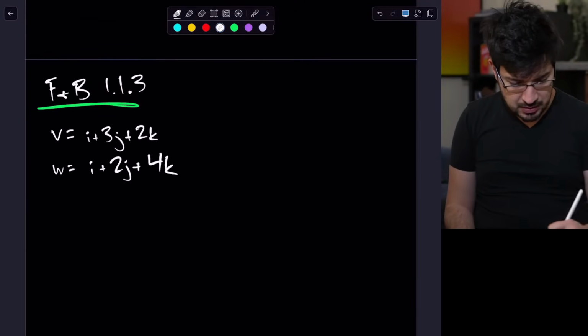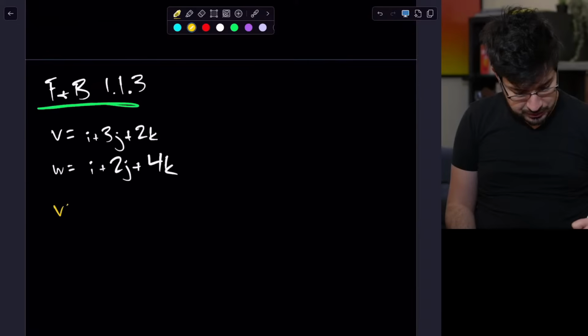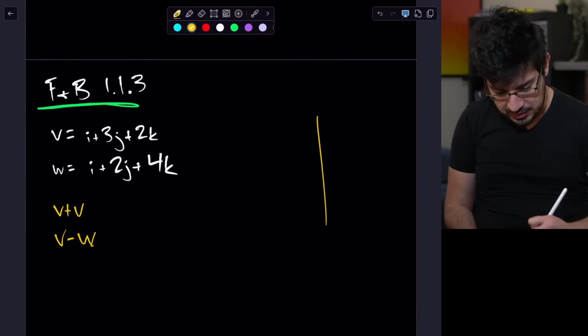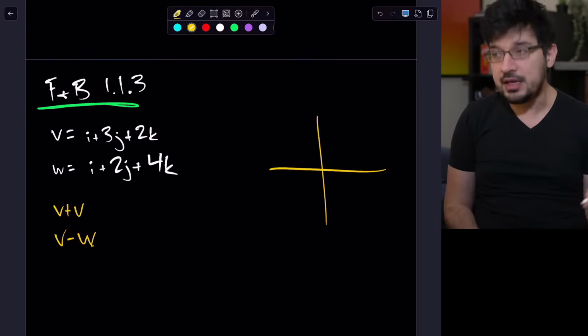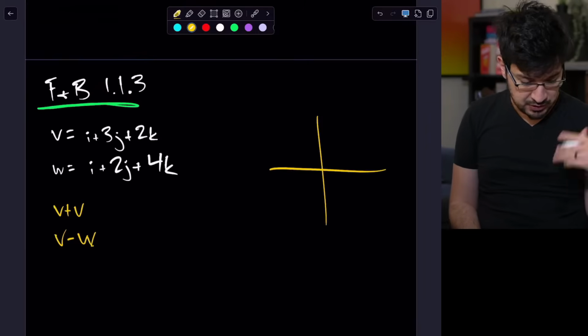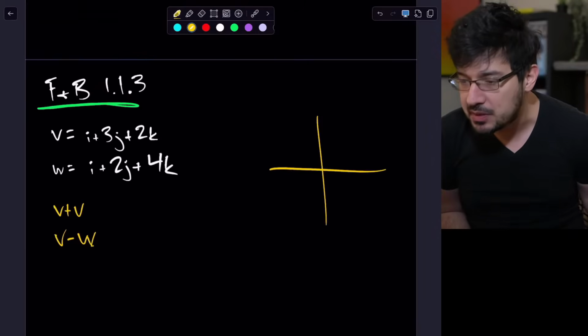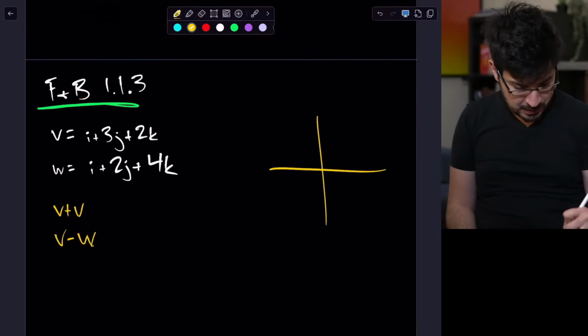And now our goal is to compute v plus w, v minus w, and then we need to sketch these in a coordinate grid. We're going to sketch v, w, v plus w, and v minus w.